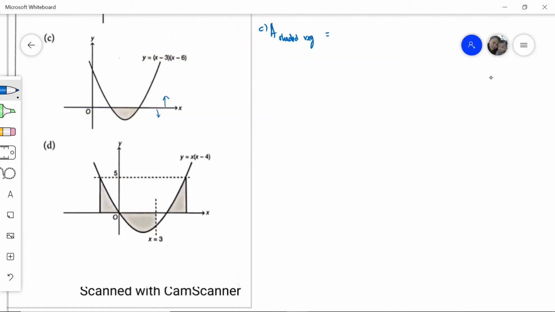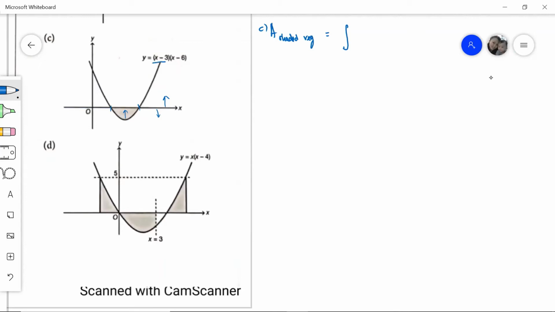Let me just show you what we will get without it. By the way, we have to find the boundary because the shaded region is bounded by the curve and also the x-axis. We integrate with respect to x, therefore we need the boundary in terms of x.